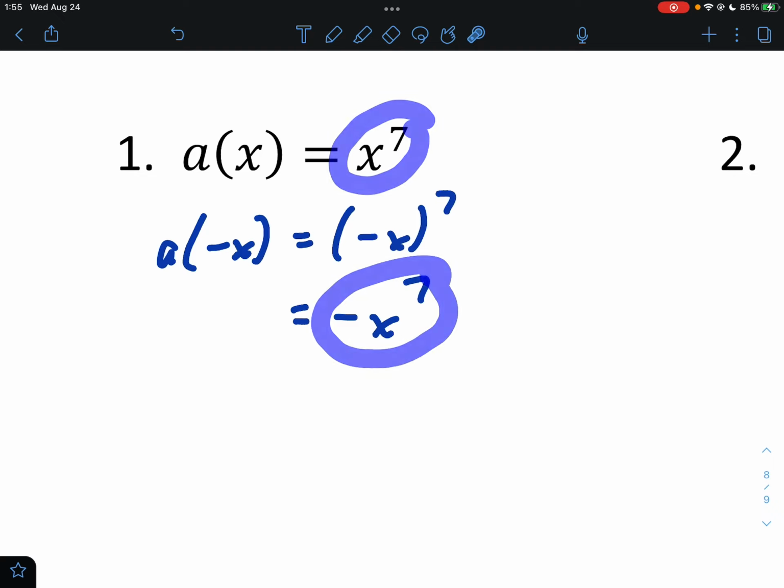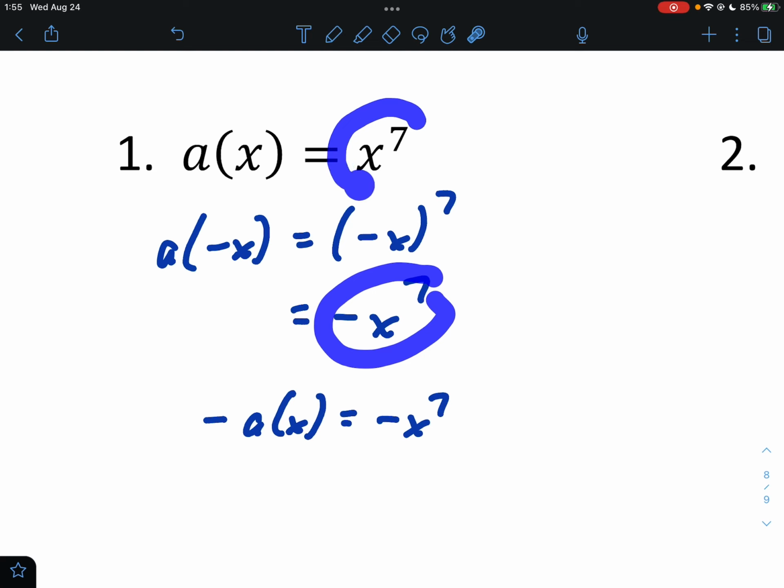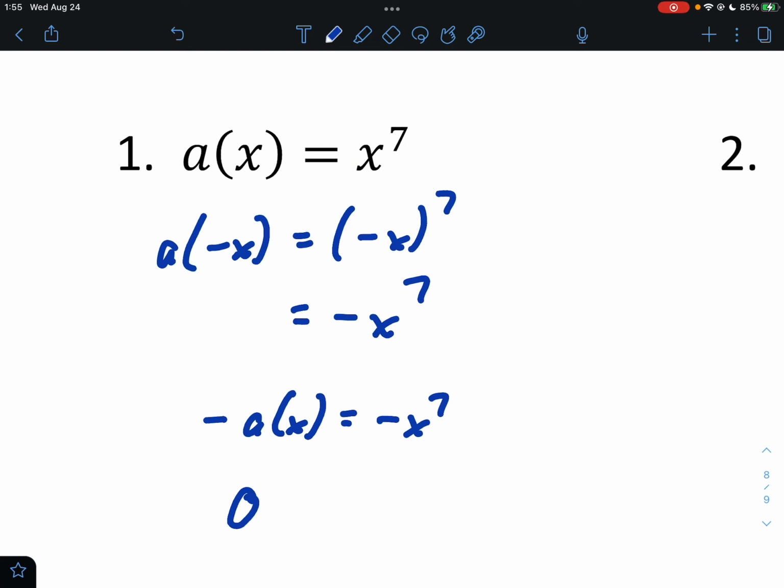If it did, the answer would be even, which it does not. The second question is, does that equal negative the original function, the opposite of the original function? And the answer to that is yes. So this is the same as the opposite of this, which means this is an odd function. If the answers to both the even and odd questions are no, then it would be neither.